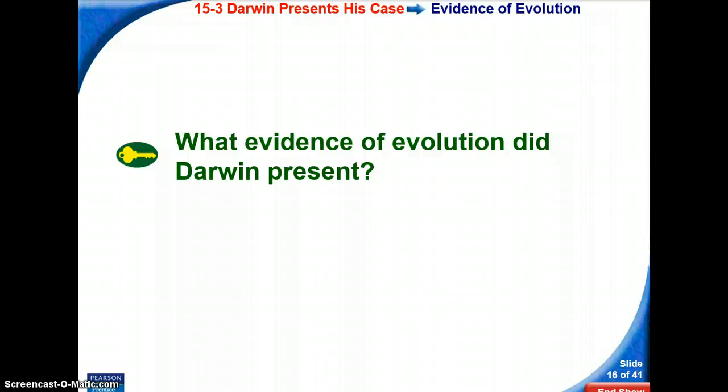Another question that we have to look at is what evidence of evolution did Darwin present? How do we know these theories he's putting out there? What is the evidence that he found to support these theories?